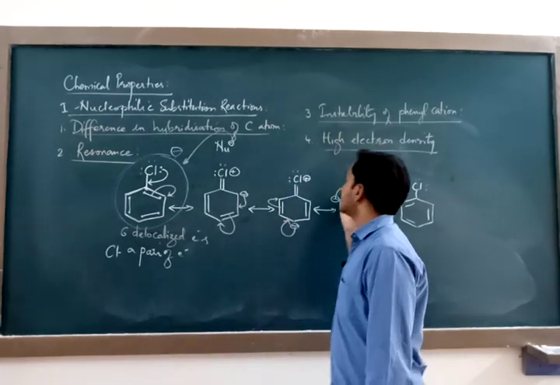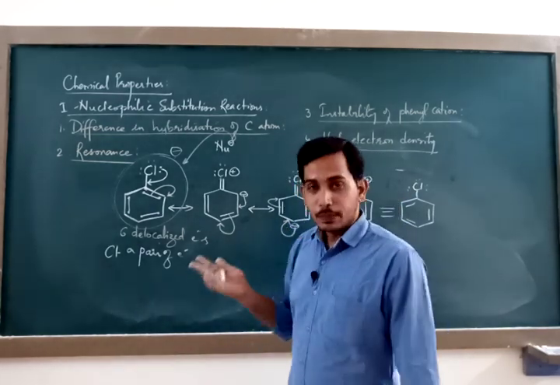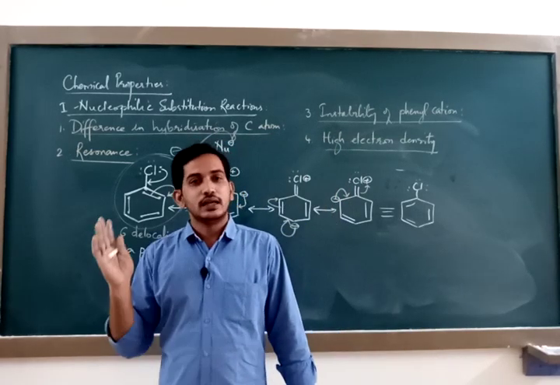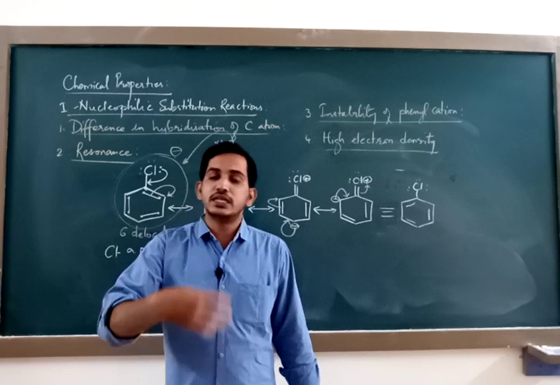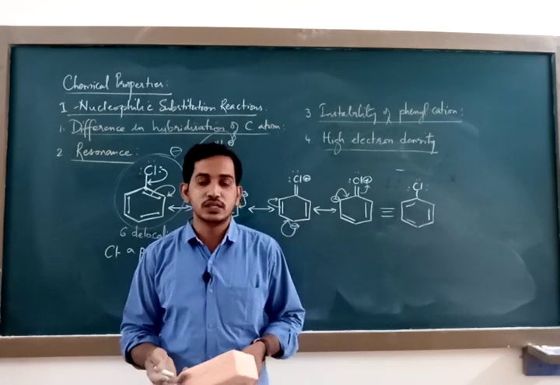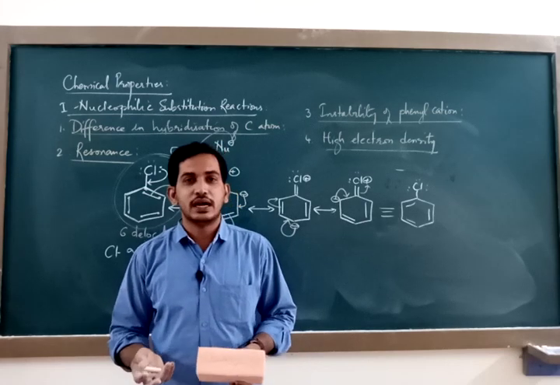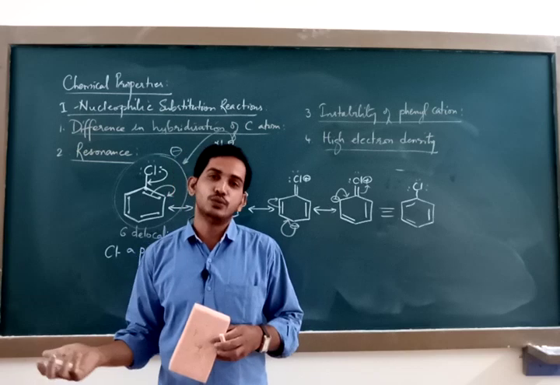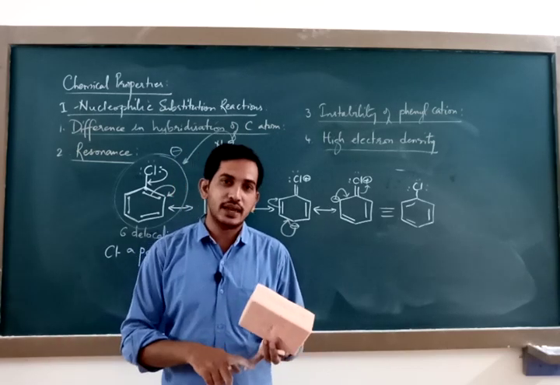And the final reason is high electron density. Benzene has 6 delocalized electrons. Along with it, the halogen attached to it also donates its electrons. Due to this surplus of electrons, benzene on the whole becomes an electron rich center which cannot be attacked by a nucleophile because benzene is also carrying negative charge.